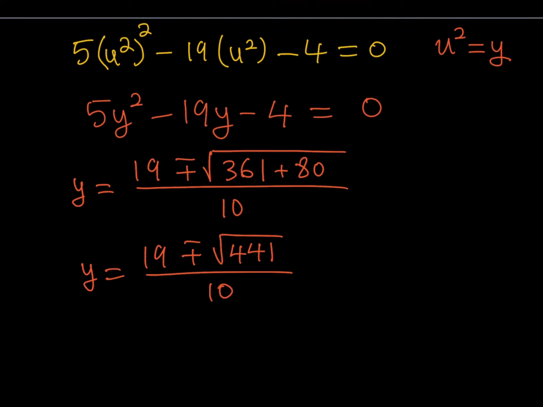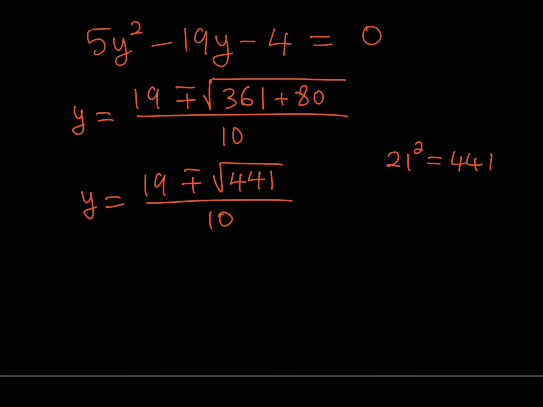So in other words, the square root of 441 is equal to 21, which makes this problem a lot easier to solve because the answers are going to be rational. Cool. So y is going to be (19 ± 21)/10. Now, at this point, we can go ahead and split it up to get our solutions separately because the plus or minus doesn't really make much sense here.